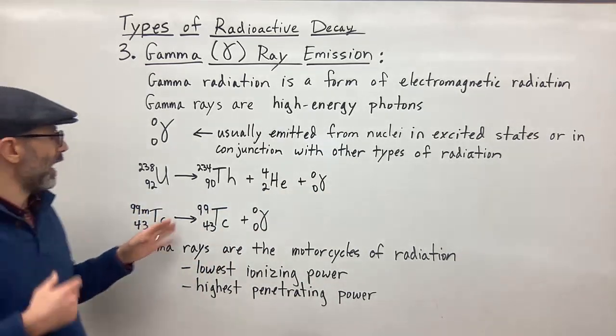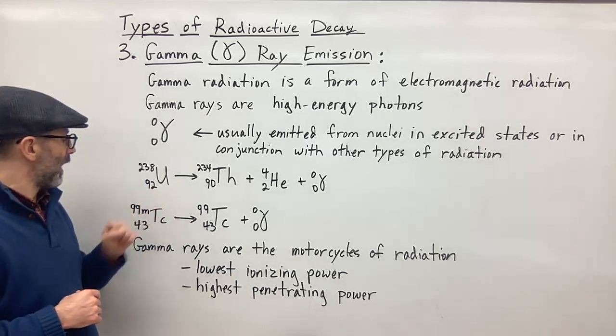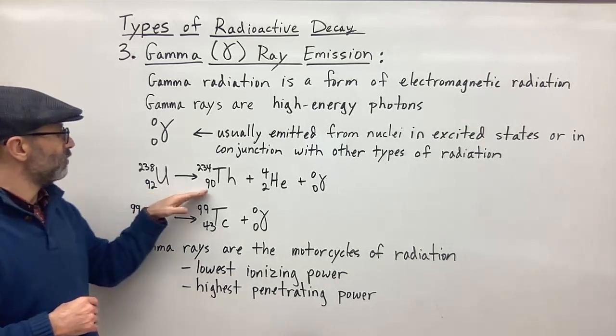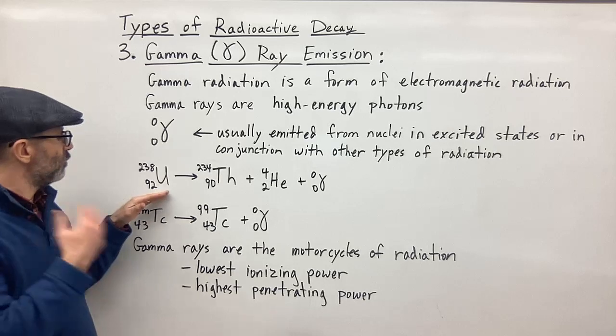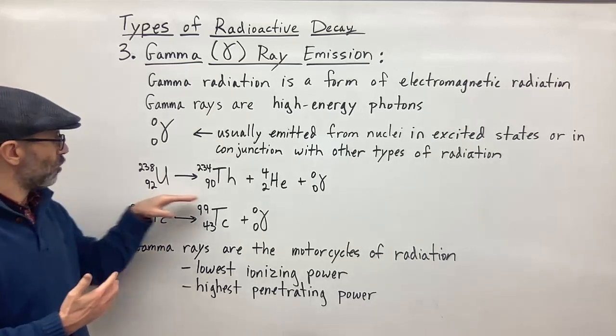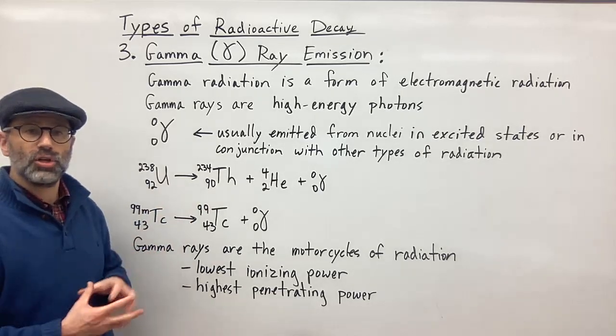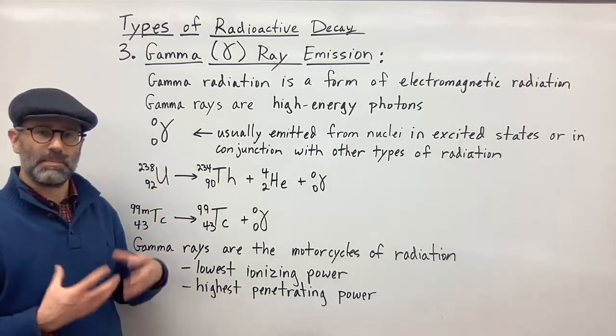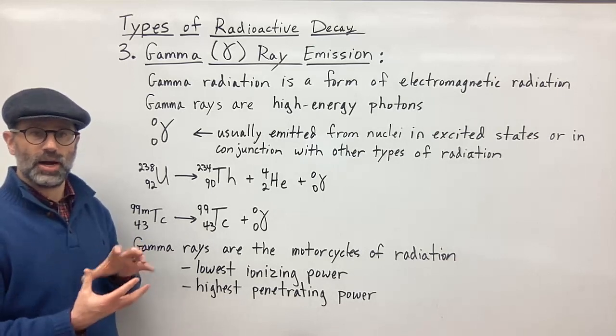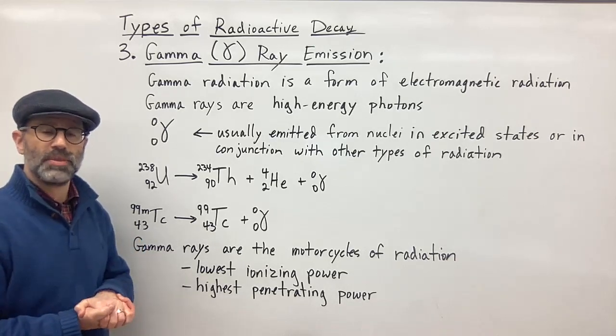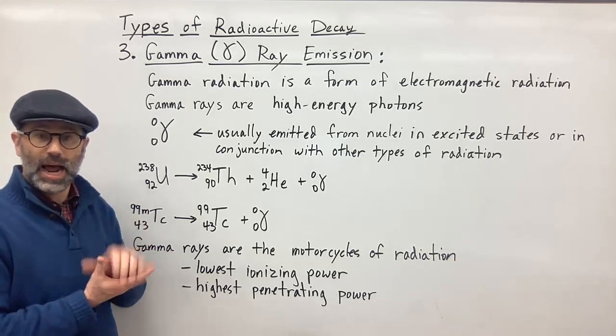Now you could have a nucleus undergo radioactive decay, and then the result could be what we refer to as a metastable daughter isotope, in which the gamma emission doesn't happen right away.